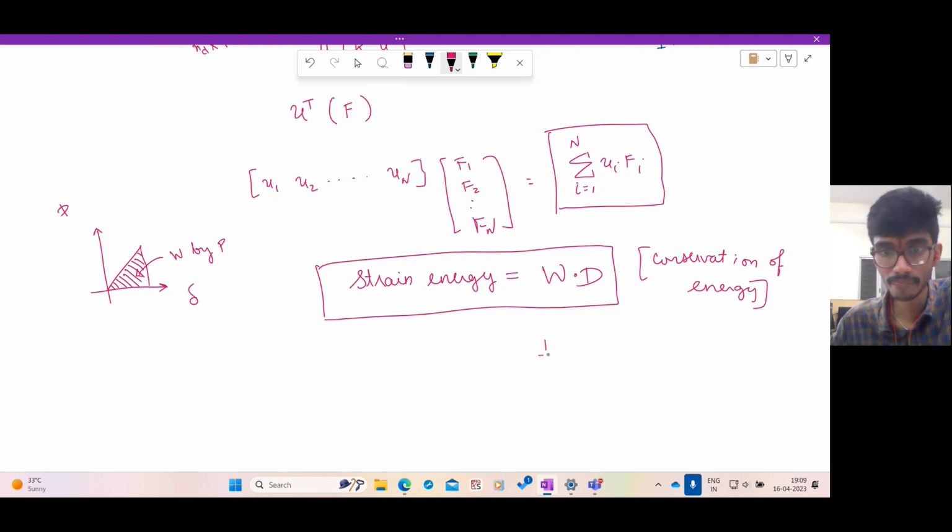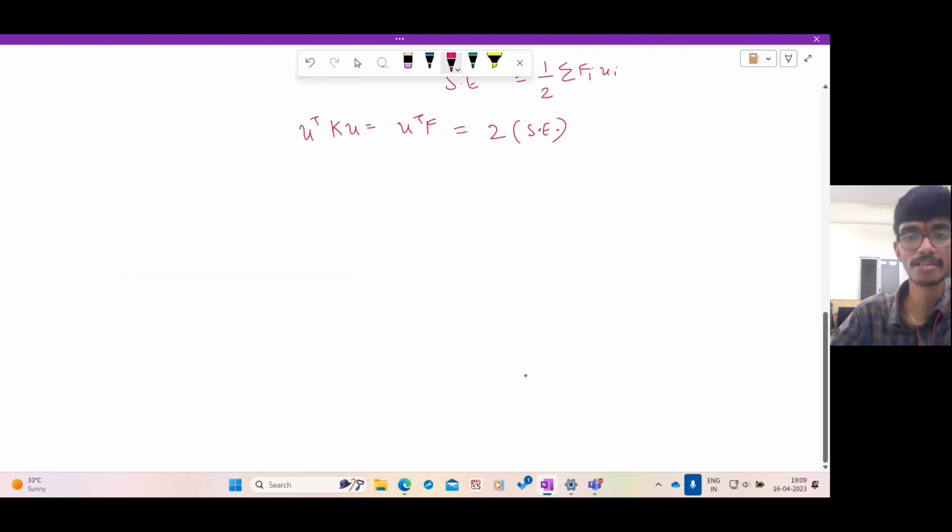Work done is equal to half sigma Fi acting at Ui, and that is equal to the strain energy, which means U transpose KU, which is U transpose F, is nothing but 2 times the strain energy. Can the strain energy be negative? Not in general. So strain energy is always greater than or equal to 0.